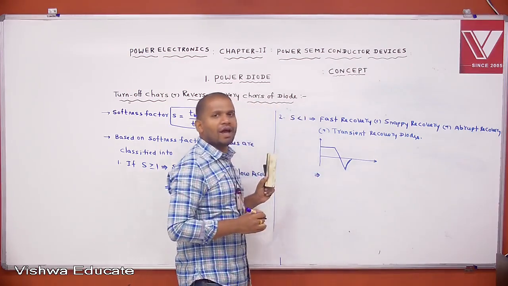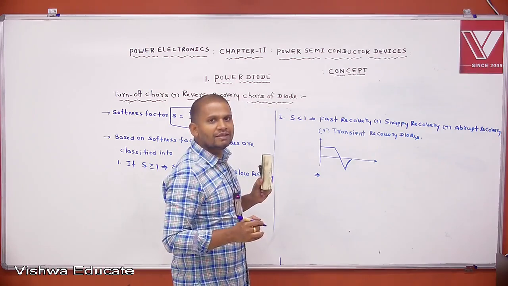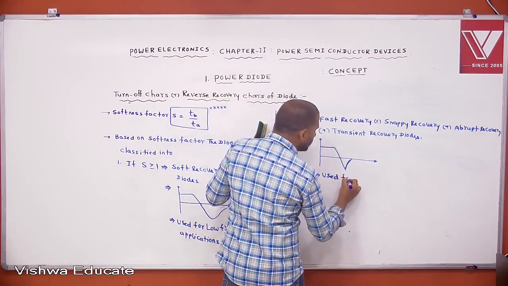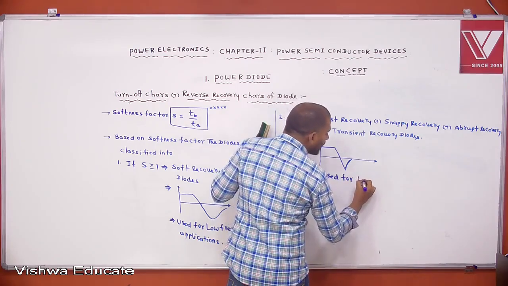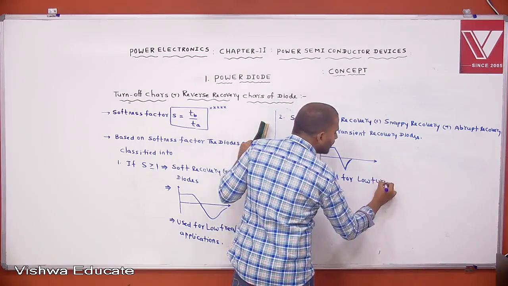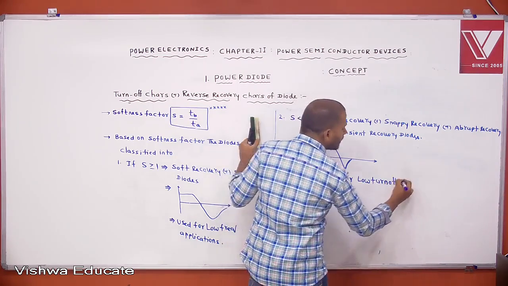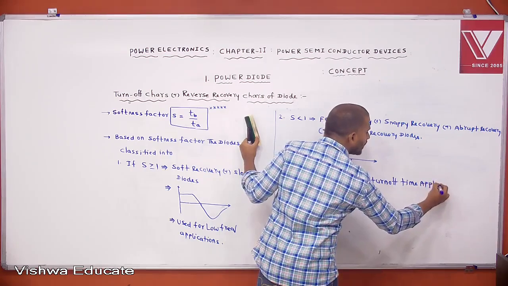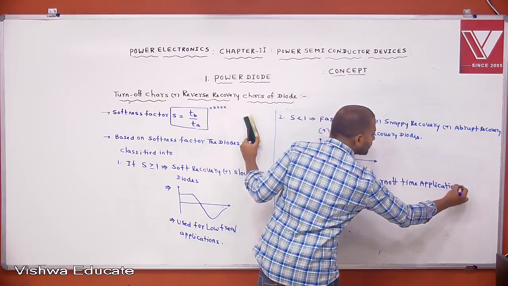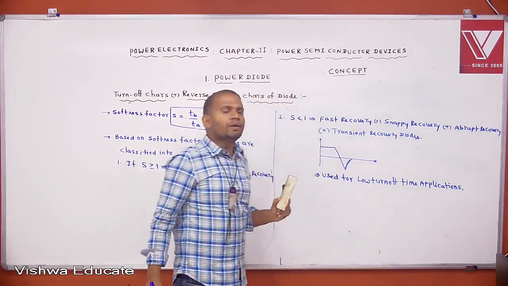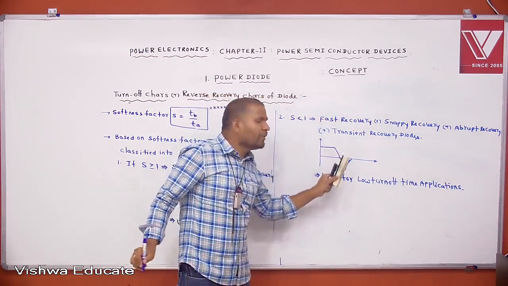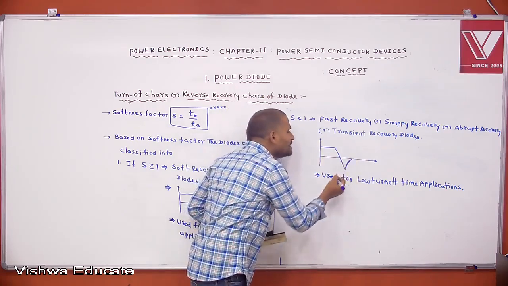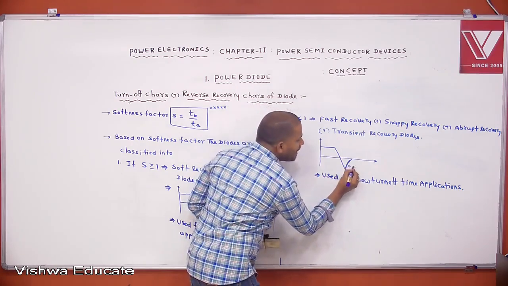Once the turn off time is less, these are used for high frequency applications, low turn off time applications. But a point to remember: in the case of fast recovery diodes, because of the large rate of change of current, there is a sudden change of di by dt.